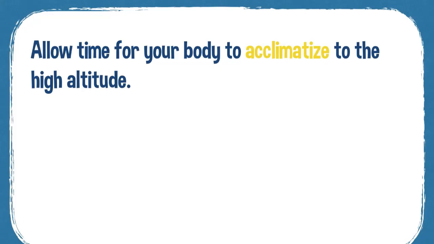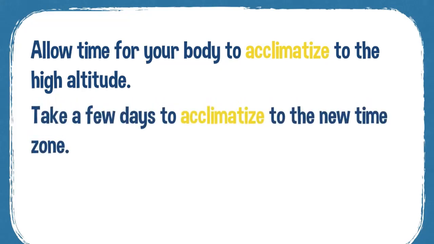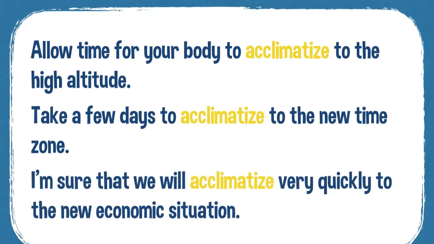For example, allow time for your body to acclimatise to the high altitude. Take a few days to acclimatise to the new time zone. And I'm sure that we will acclimatise very quickly to the new economic situation. So the third sentence is a more general use of acclimatise.